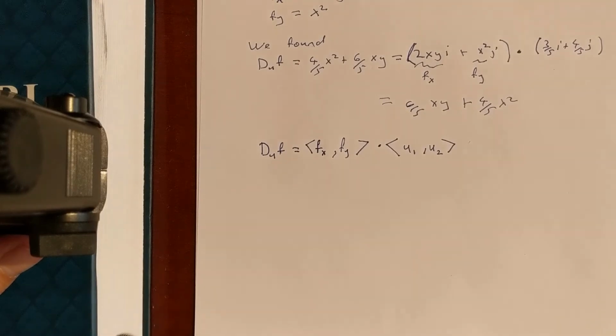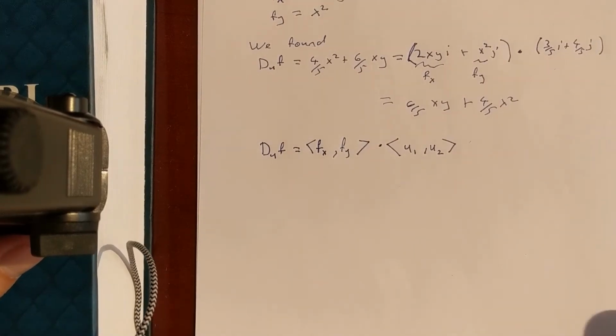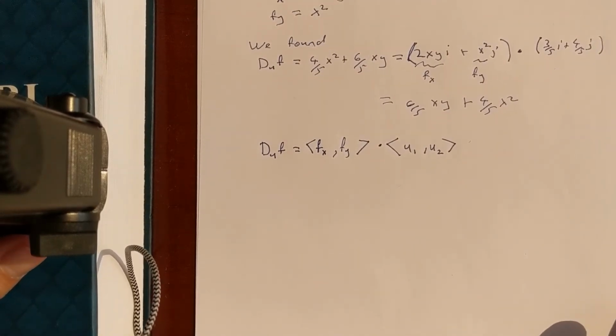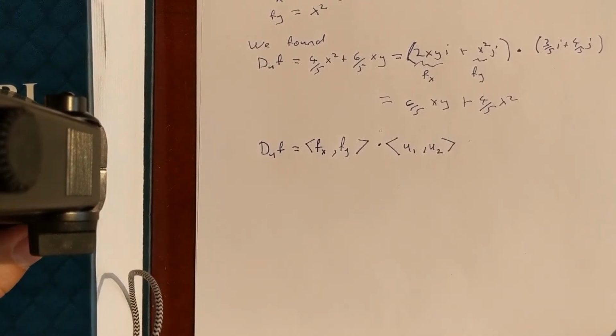It's just like single variable calculus. We're developing a rule that lets us calculate these derivatives much faster than the limit definition. So why did this happen? That's something we should be thinking about, and that's what I'd like to do next.